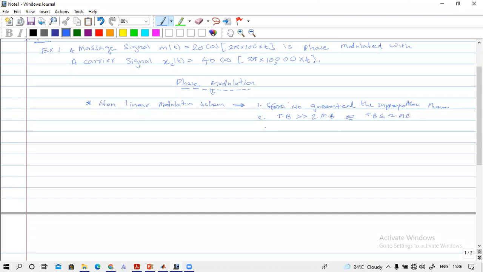The other most important property is that in nonlinear modulation, you can increase the SNR, the signal to noise ratio, without increasing the transmission power. These are the properties of nonlinear modulation.